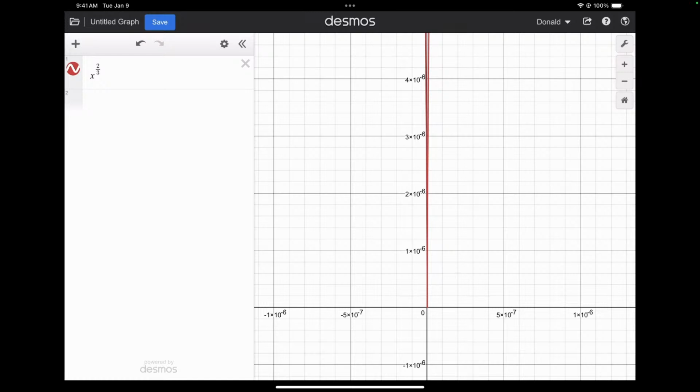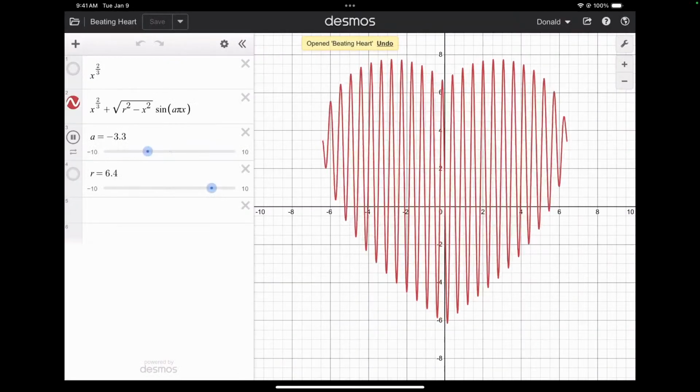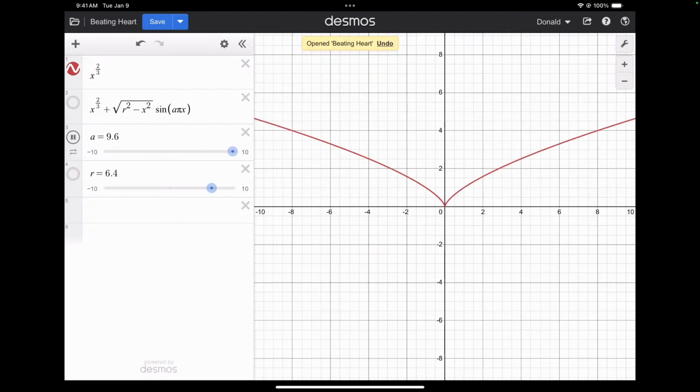If you do it to the 2/3, you're going to get the exact same thing. But here's the thing, I want to show you the hard thing. x to the 2/3 is the top part. Now, do you guys know what the graph of the square root of r squared minus x squared looks like? What is that?